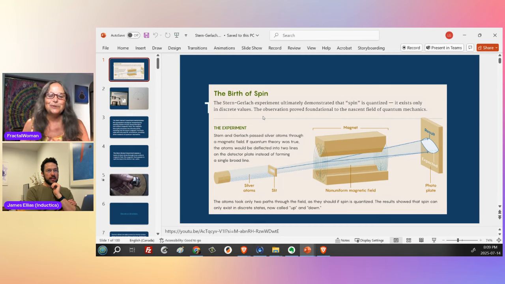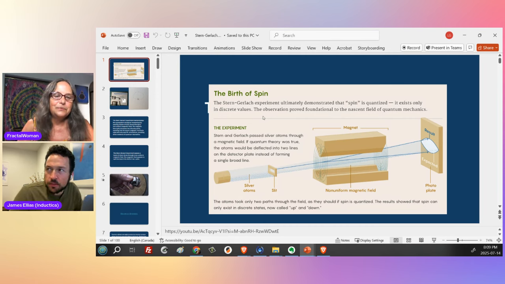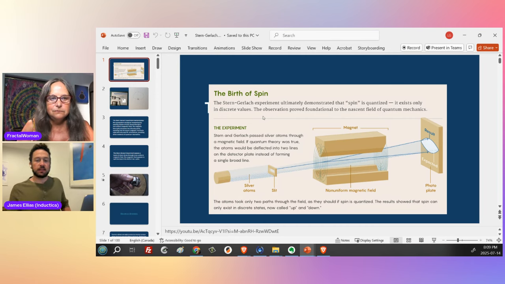Someone who puts a lot of theory work into this would say it's not that simple. They'd say it's in a certain quantum state, and depending on the orientation of the magnet, you're viewing that state from the perspective of different bases, and the measurement will come out either up or down with respect to that basis.